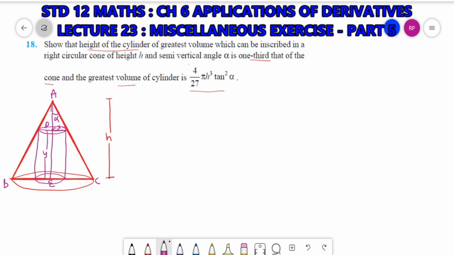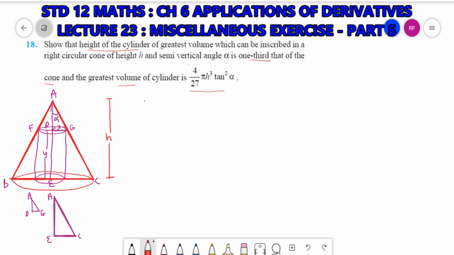Now see here, if I take two triangles, this one A, D, G, and another A, E, and C. Both are similar triangles, right?